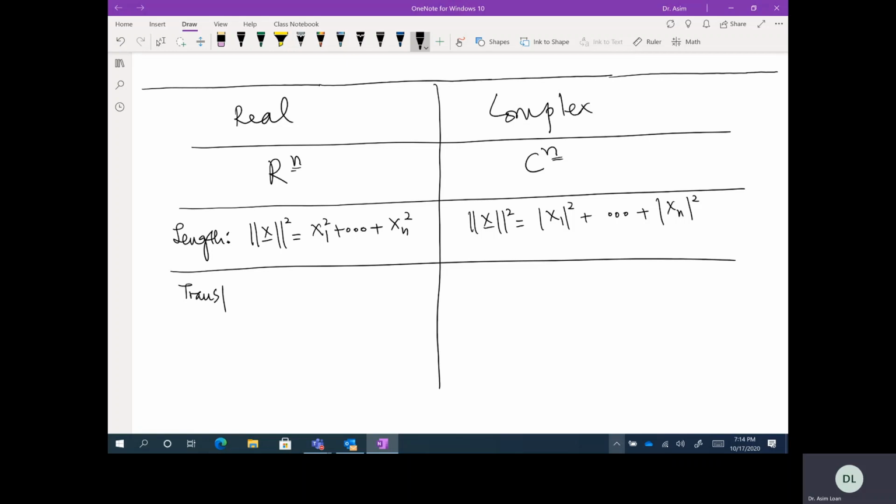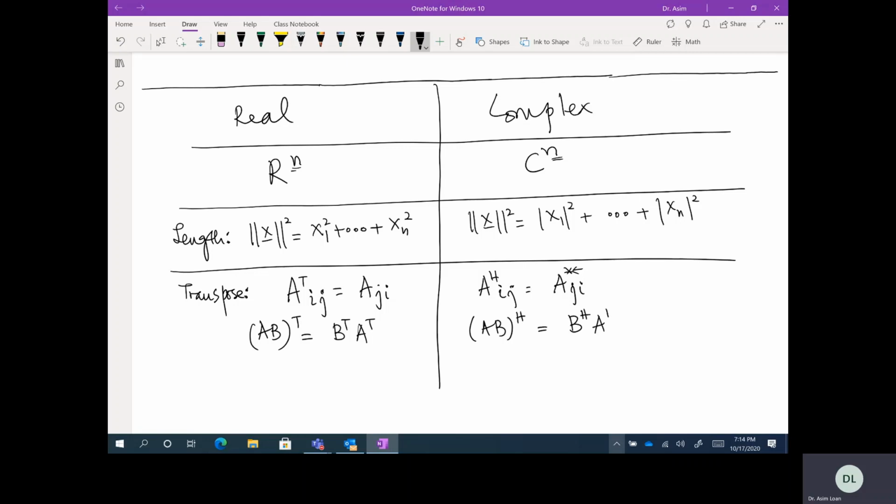So the transpose, A transpose ij is A ji, where (AB) transpose is B transpose A transpose. Here, A Hermitian ij is simply A conjugate ji. So the conjugate is the only difference here, and (AB) Hermitian is B Hermitian A Hermitian.